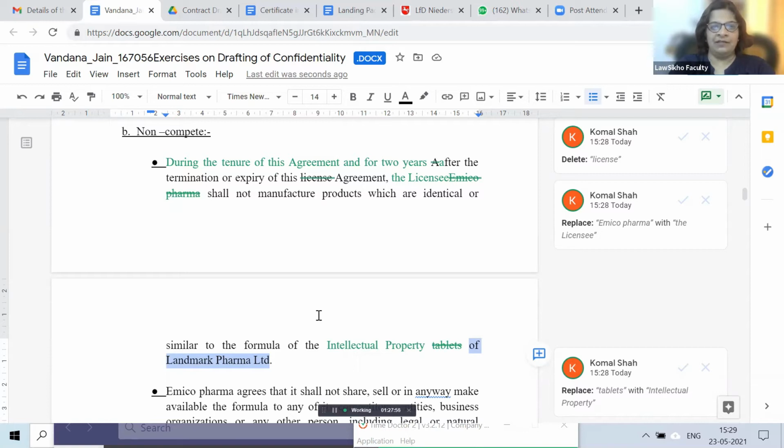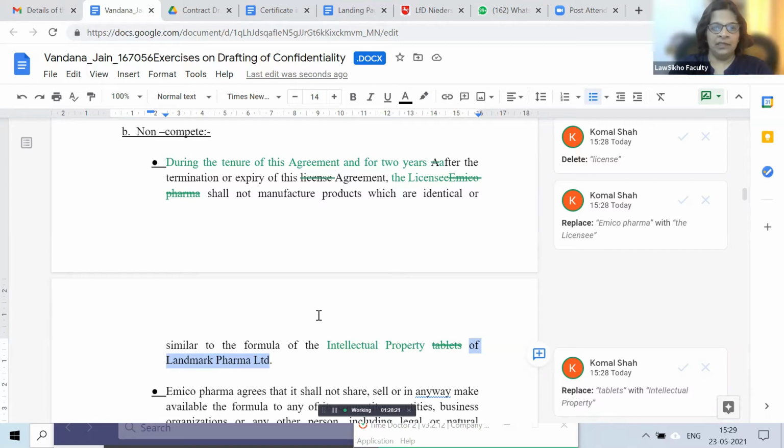Licenses can be perpetual, but here we are not saying that it is perpetual, so it will be limited. So if it's the tenure of the agreement and 2 years thereafter, then after that, if the Japanese company uses it, it will actually become infringement of intellectual property. So they're not going to do that at any point of time afterwards anyway.